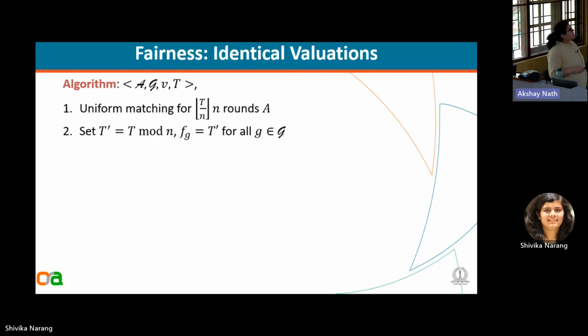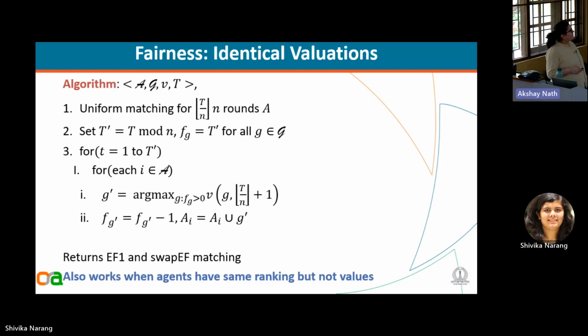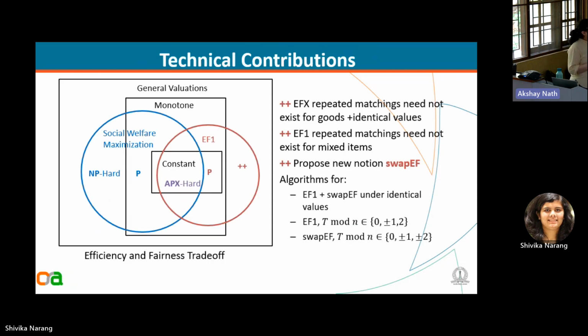Now in the interest of time, I will skip this algorithm. I just want to say, this algorithm will also work when agents not necessarily have the same values, but have the same rankings over the items. So yeah, we looked at different fairness and efficiency trade-offs and give some extra algorithms.